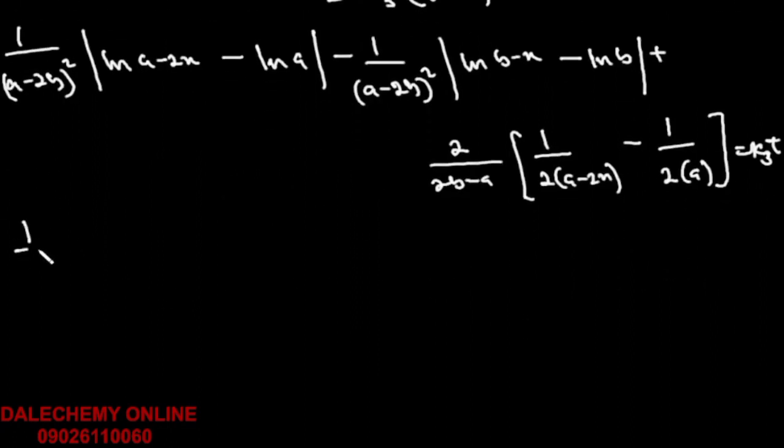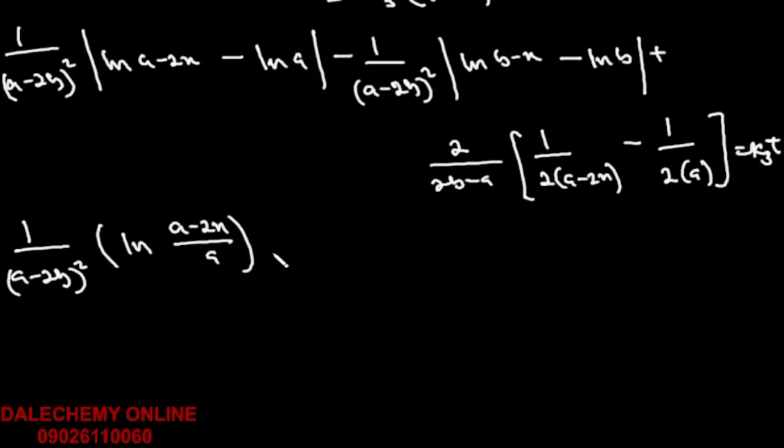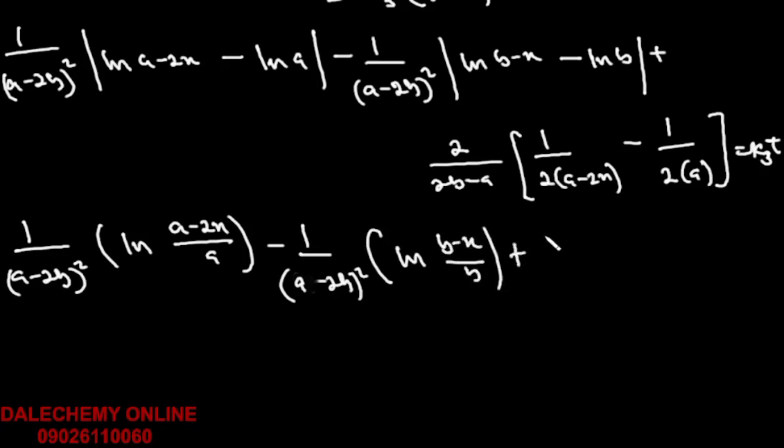So this will now be 1 over (a minus 2b) squared. Then now, don't forget the rule of logarithm, ln(a minus 2x) over a. Then minus 1 over (a minus 2b) squared, times ln(b minus x) over b, then plus 2 over (2b minus a).